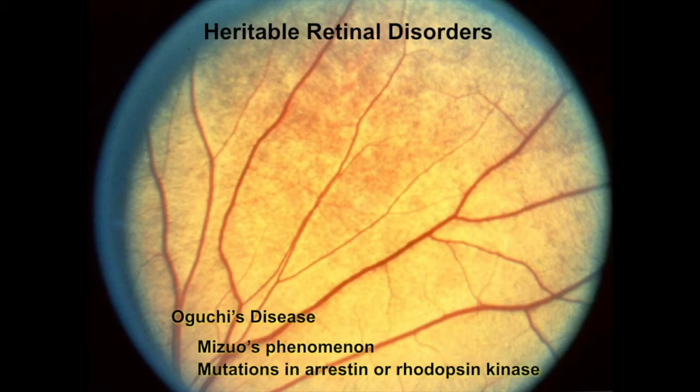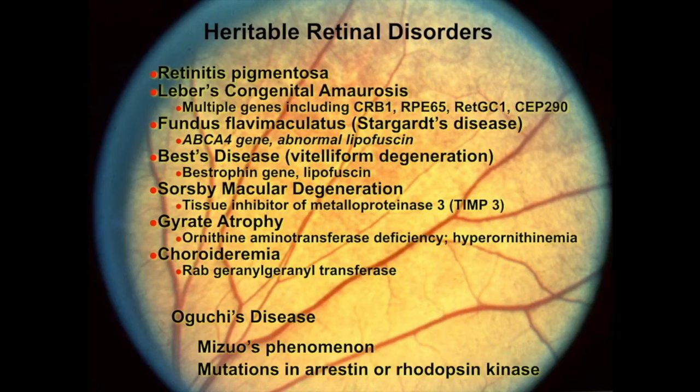If you take a patient with Oguchi's disease, a non-progressive form of night blindness, and you put them in a dark room for several hours, the fundus color will revert to normal, and that's called the Mizuo phenomenon. Again, this is caused by mutations in arrestin or rhodopsin kinase. Among other heritable retinal disorders, Leber's congenital amaurosis is sort of like a pediatric retinitis pigmentosa, with at least 11 different genes involved.